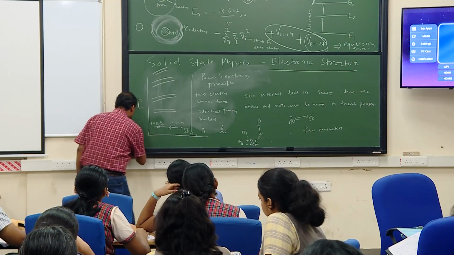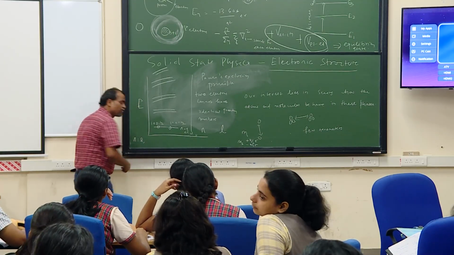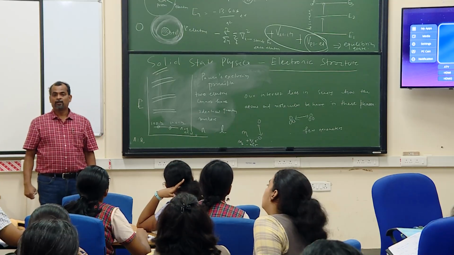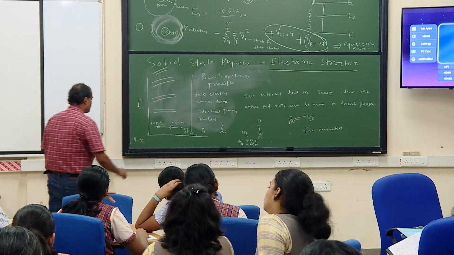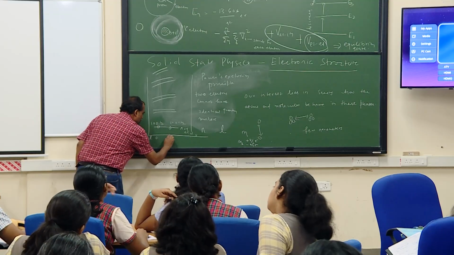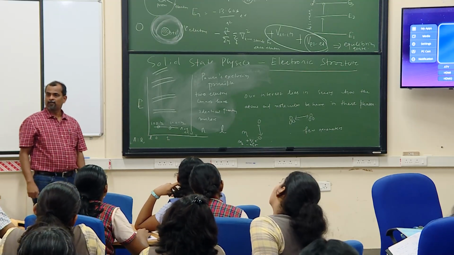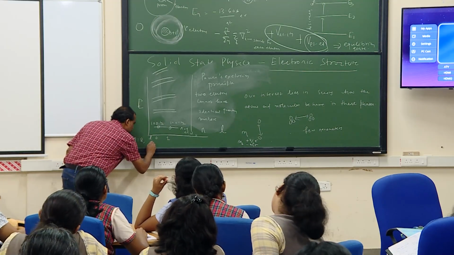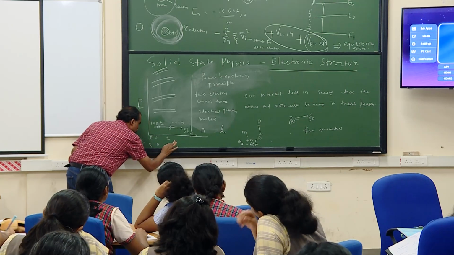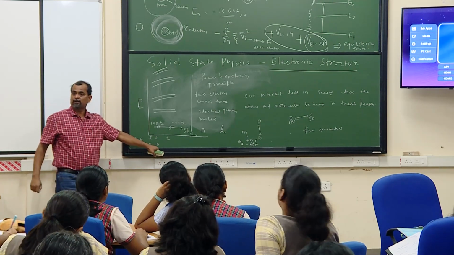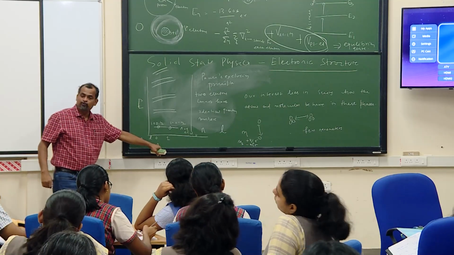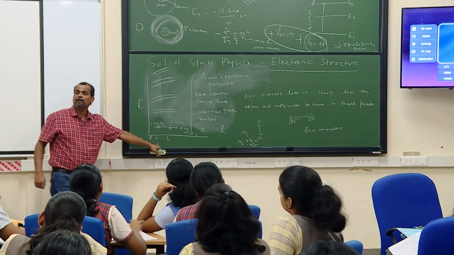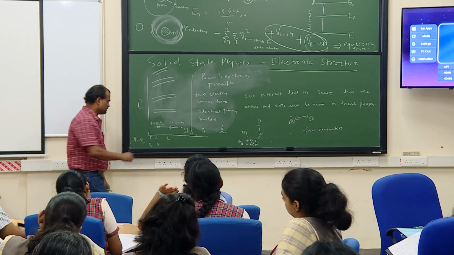So N is equal to 2. L has how many possibilities? L can be 0 or 1. So you have 2, 0 in one case, 2, 1 in another case. When you have 2, 0, what is M? 0.